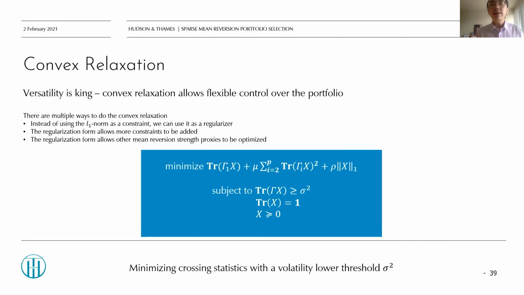The only disadvantage for this formulation is that now we need to tune the parameters, the regularization parameter rho, and specifically in the crossing statistic optimization problem, we also need to tune the parameter mu in order to reach the desired cardinality.